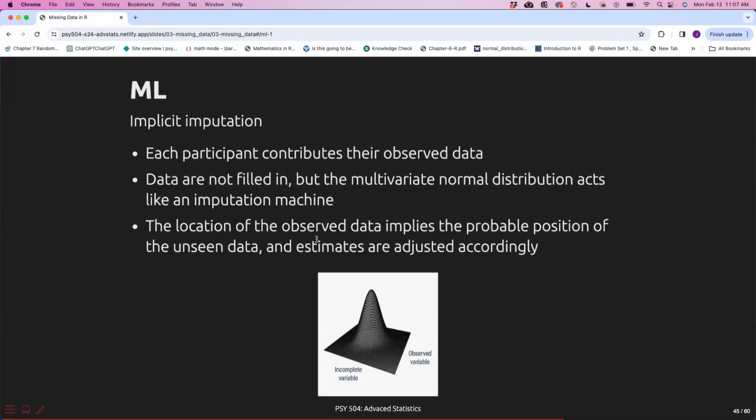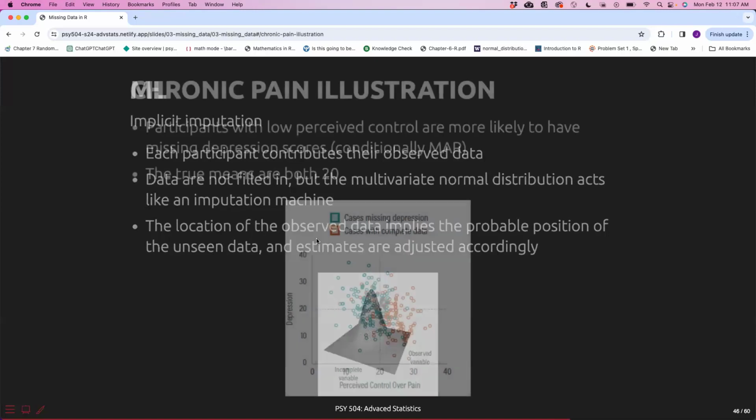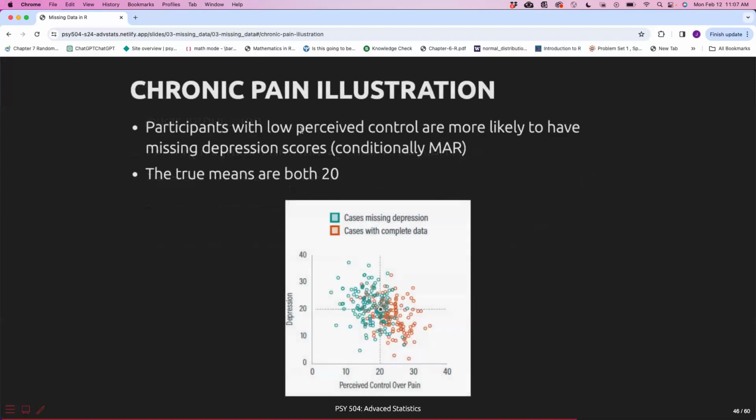So let's look at an example to make this a little bit more concrete. Let's take our chronic pain example, where we know that the mechanism is missing at random, right? Participants with low perceived control are more likely to have missing depression scores. I know the true state of the world, and both means for those variables are 20, right?